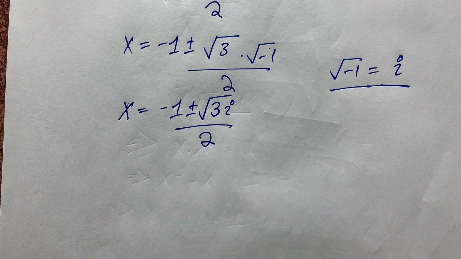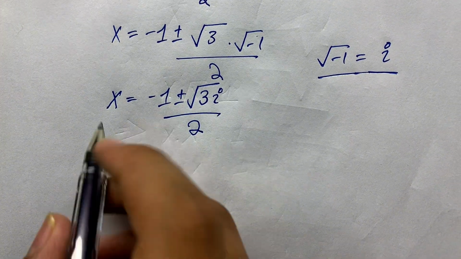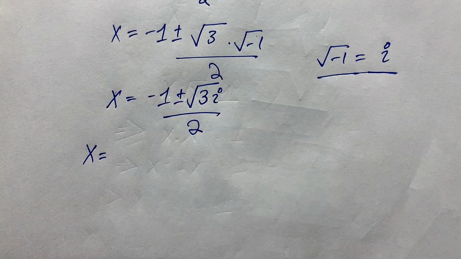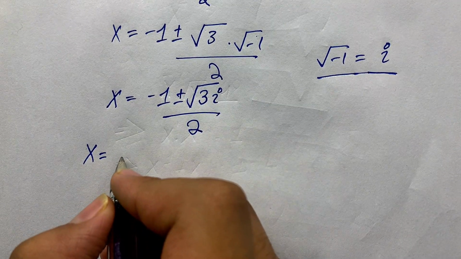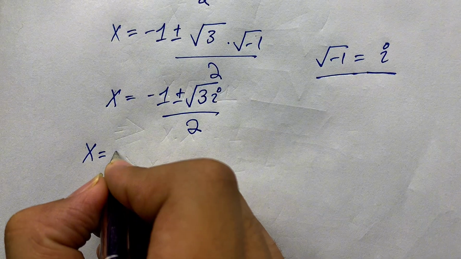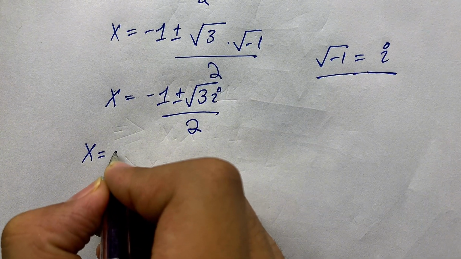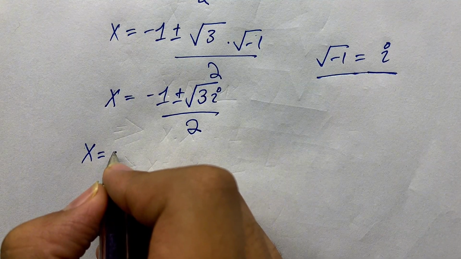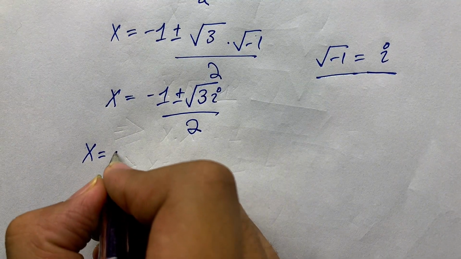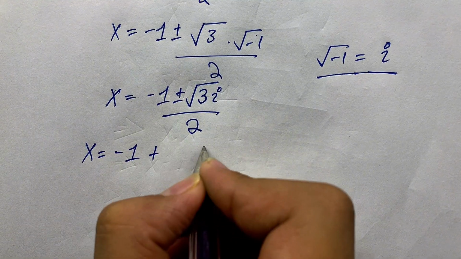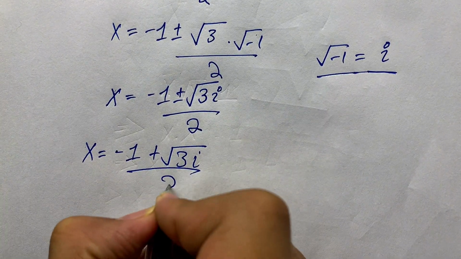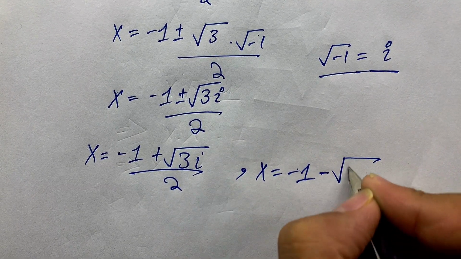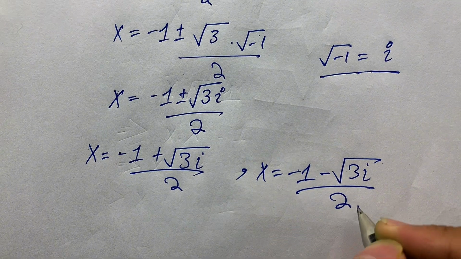So in the next step, x is equal to minus 1 plus under the root 3 iota divided by 2, and x is equal to minus 1 minus under the root 3 iota divided by 2.